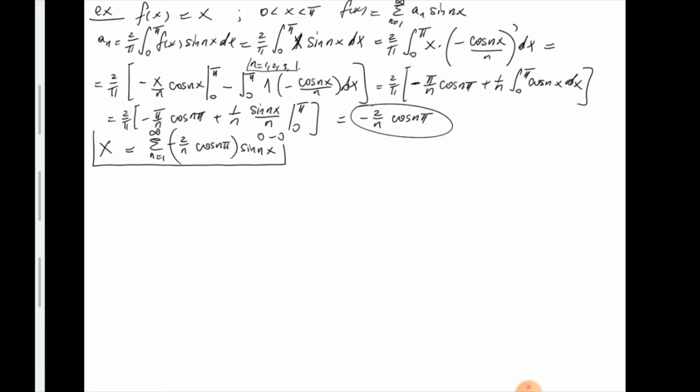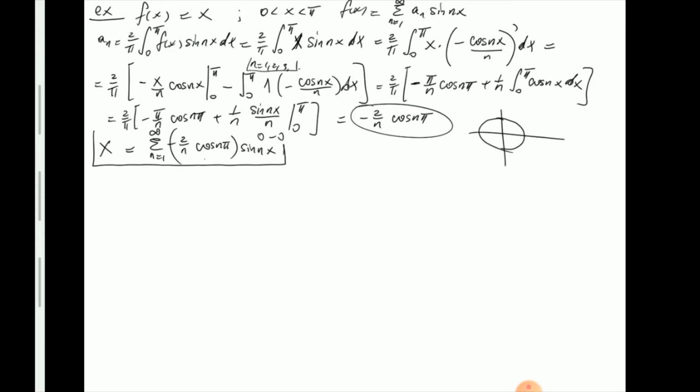I was looking at the wrong table, and I took a moment to actually realize that, and I got confused with the answer. So cosine of n pi is minus 1 to the n. So actually, in this case you can write it as minus 1 to the n. I mean, you can leave it like that, or with the minus 1 to the n, that's fine. Either way is fine.